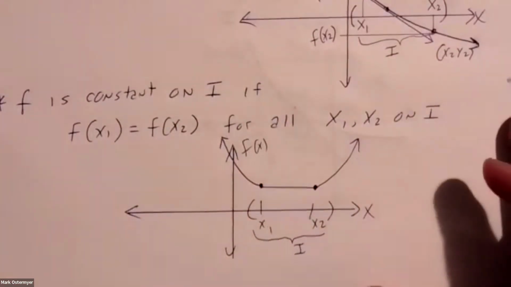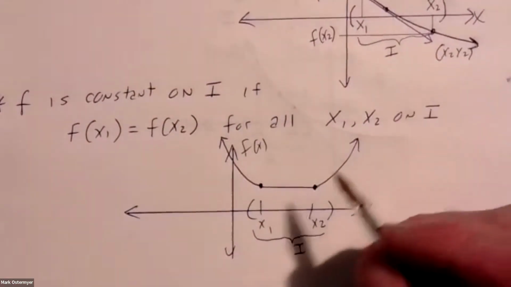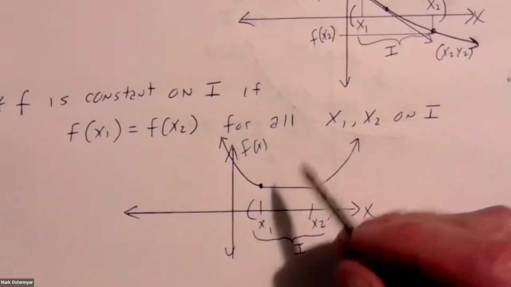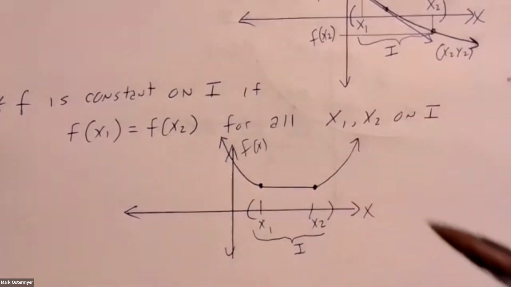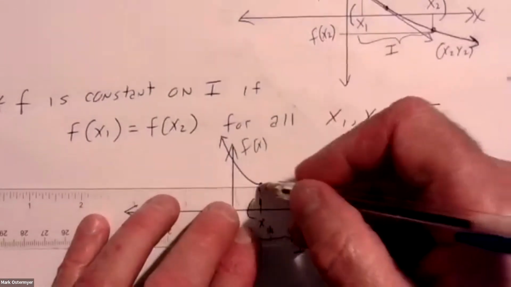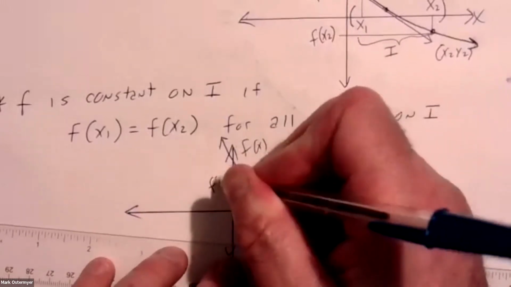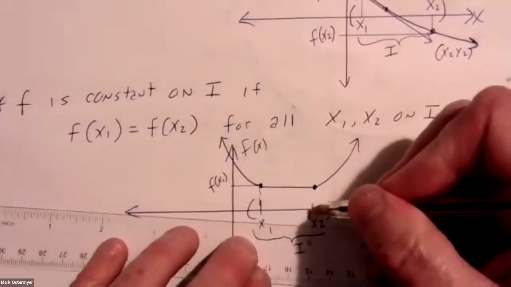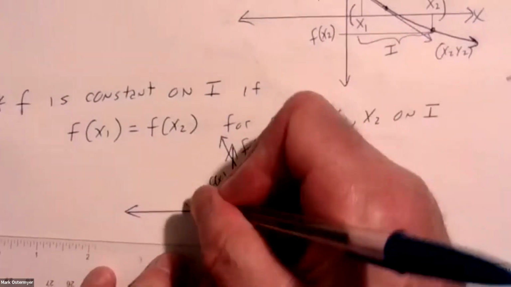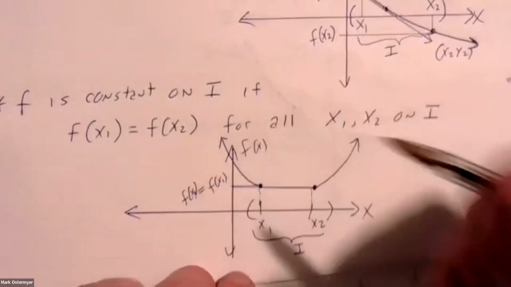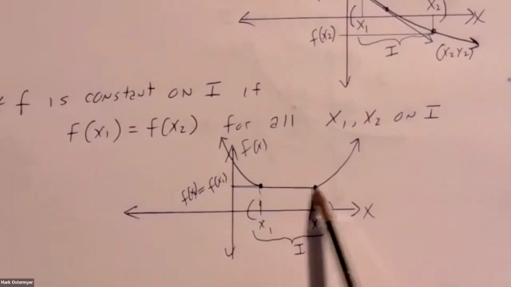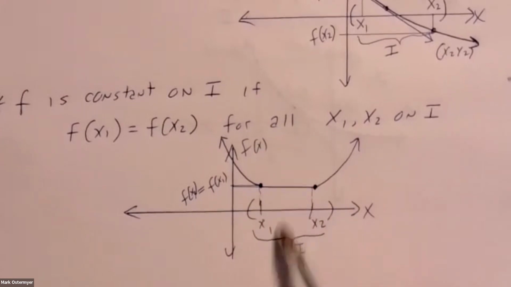Okay. All right, we can see that for all x1, x2 in the subinterval I, it is obviously true that f of x sub 1 is equal to f of x sub 2. And that's why we say this function is constant on the subinterval here, I, that contains x1 and x2.